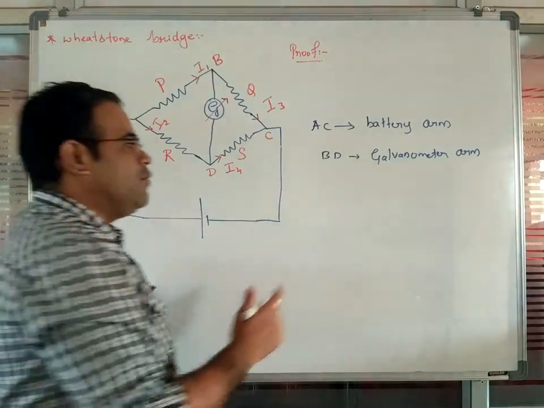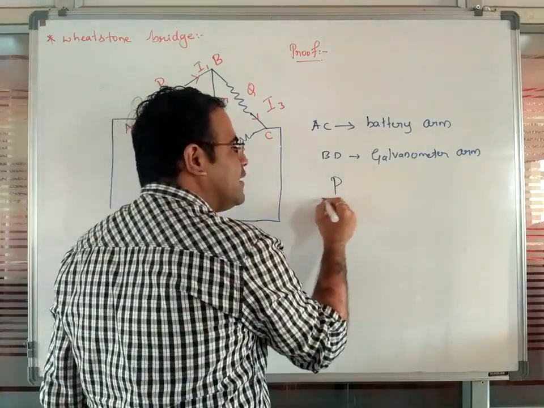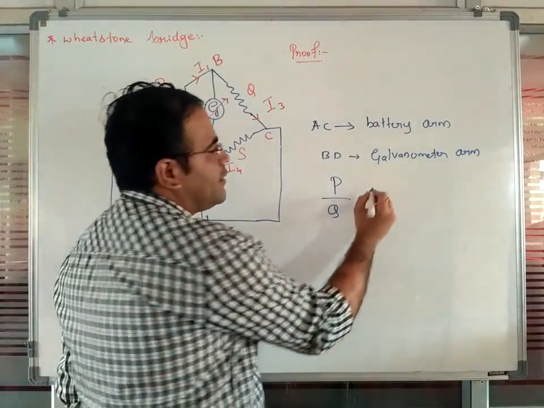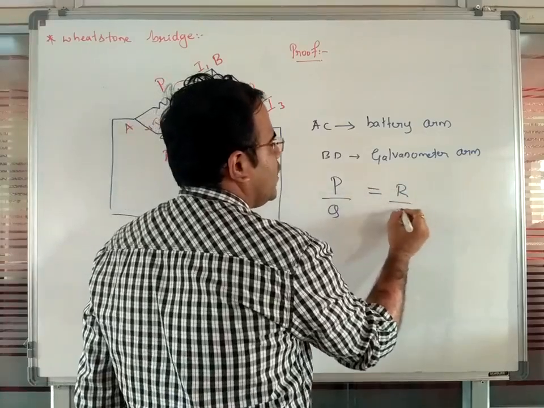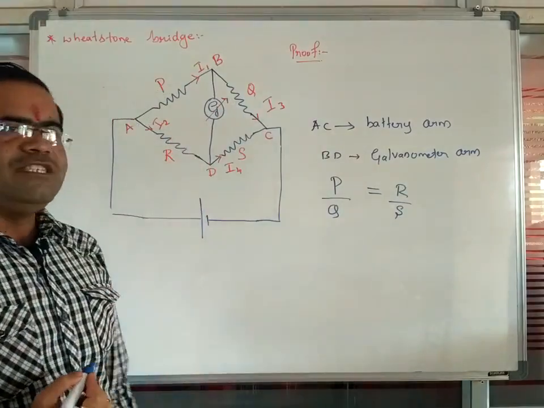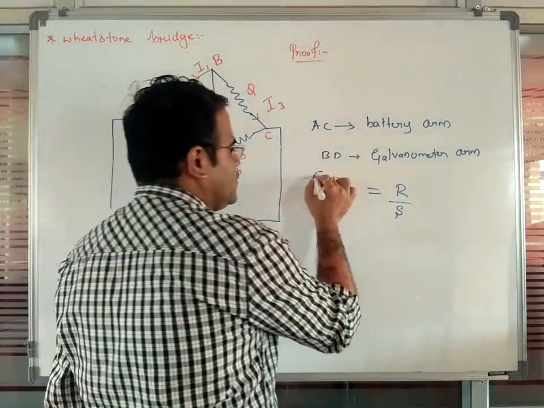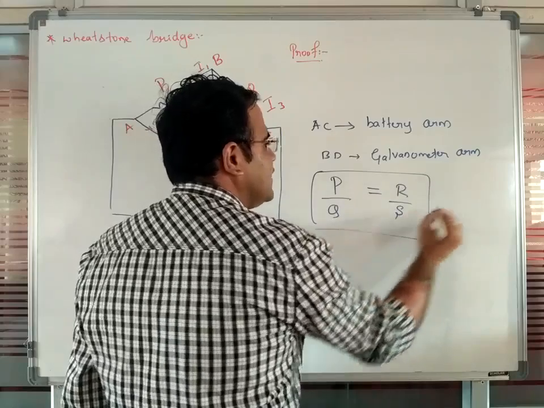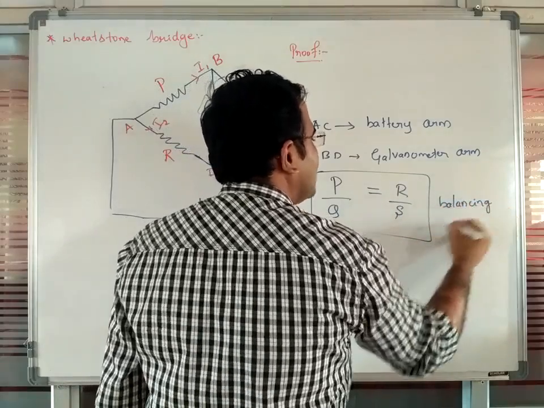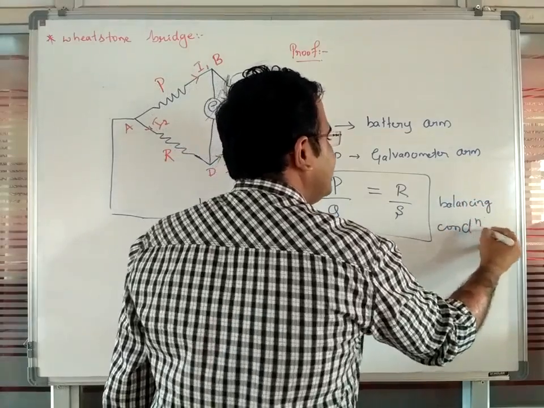It means you are going to maintain a balancing condition like this: P by Q is equal to R divided by S. This is the balancing condition, or balanced condition, of a Wheatstone bridge. Very important condition.